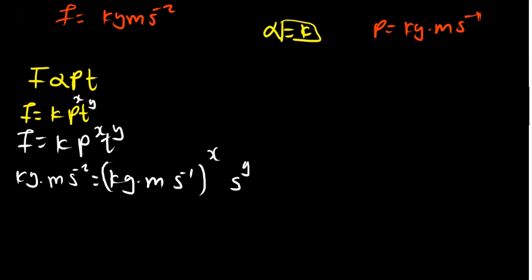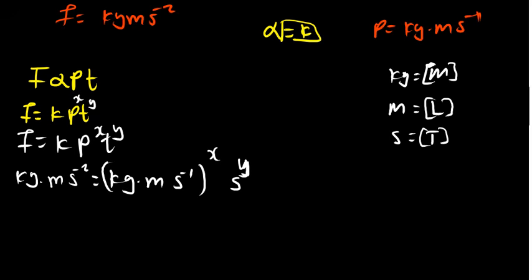So now what we need to understand again here is this. Where there is kg, it is basically mass, which we are going to represent with M. Where there are meters, we put L. Where there is s, we put T. That is the only principle you are supposed to follow.